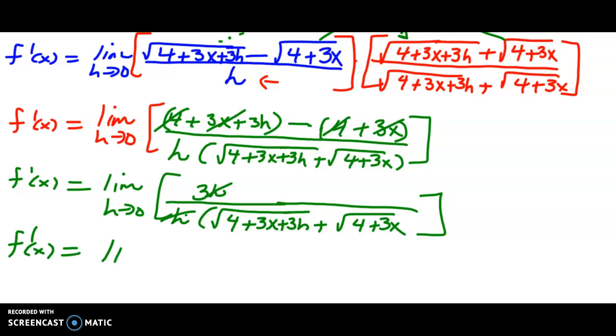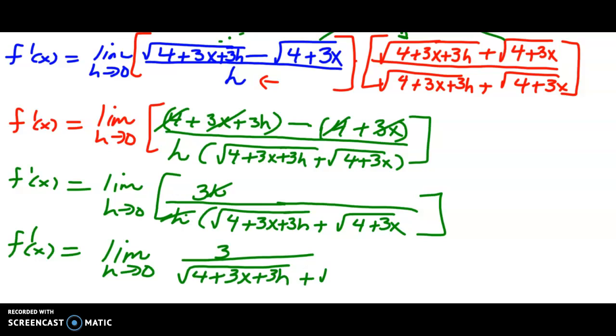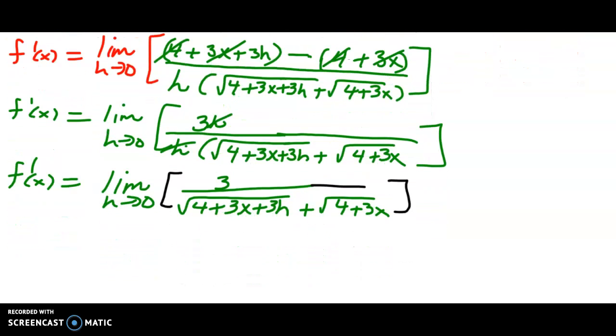and I'm left with the limit as h goes to 0 of 3 over the square root of 4 plus 3x plus 3h plus the square root of 4 plus 3x. So now that I canceled my monomials, I can now use substitution to calculate my limit.